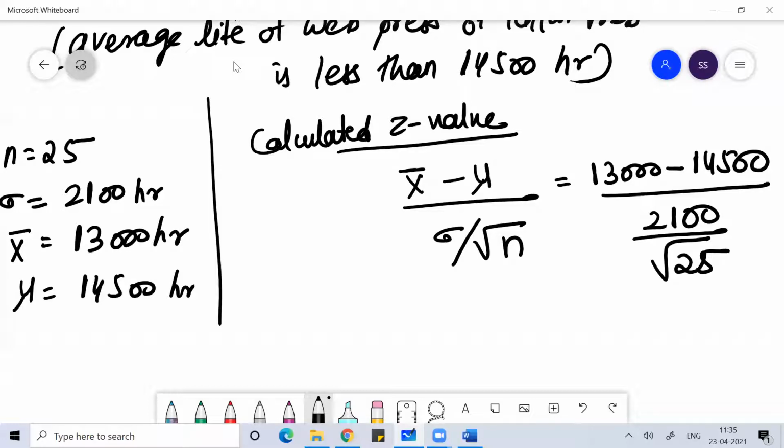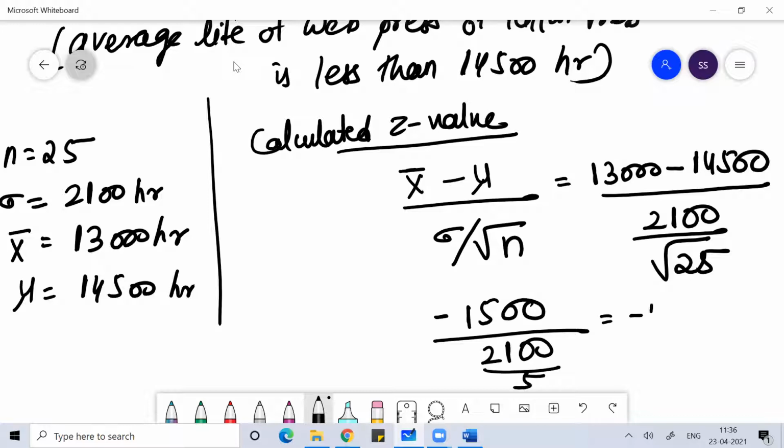So you can find this. This will be 14,500 minus 13,000, which is 1500, divided by 2100 by 5. You can solve this: minus 1500 divided by 420.